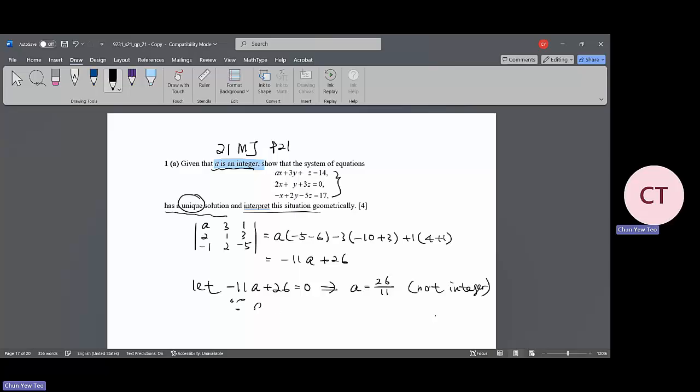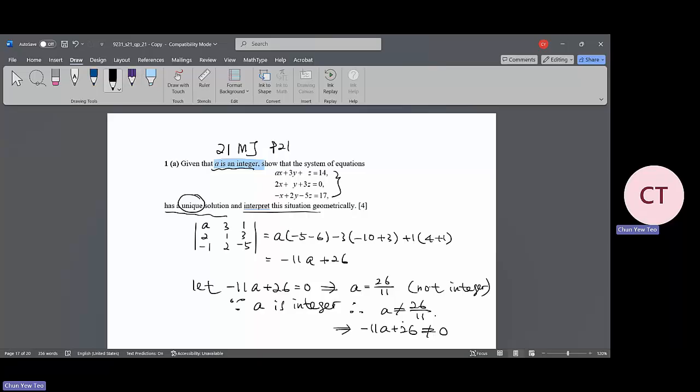Because a is an integer, therefore a does not equal 26/11. And that will give you -11a plus 26 is not equal to 0.